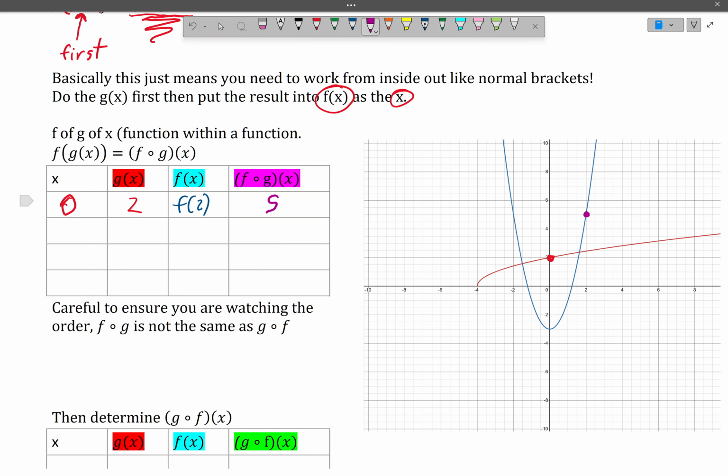So what this means, and I know this is written kind of strangely, is f of g of 0 equals 5. Or another way of saying that is f of g of 0 equals 5. Okay, and I know I put extra blanks there, but we're just going to use the 1 value for this question.